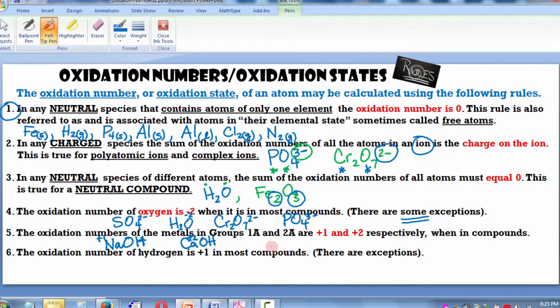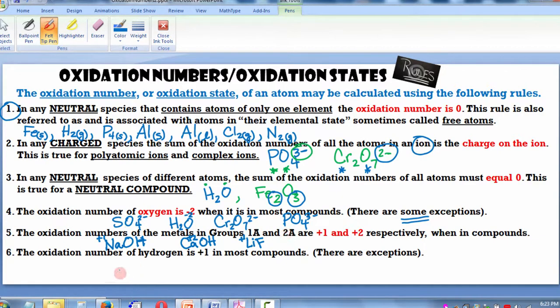And you will see what I mean by this a little bit later. Lithium fluoride. Lithium is a group 1 metal, so it would have an oxidation number of +1.